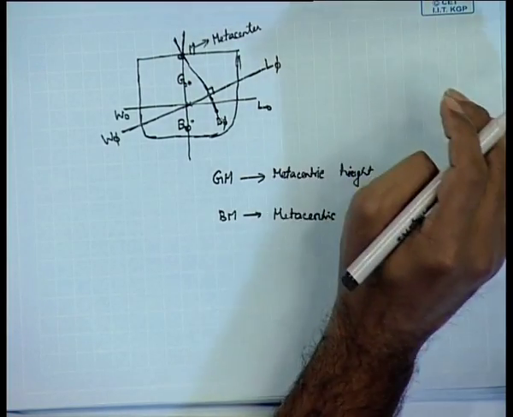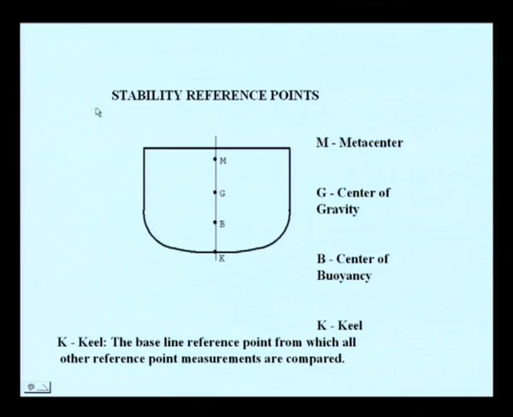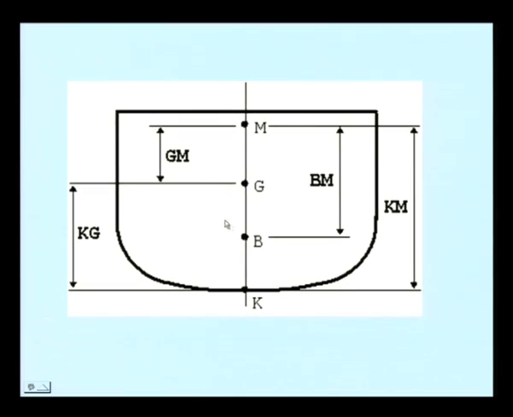So, BM is the metacentric radius and GM is the metacentric height. And then you have KM, that is another parameter which comes.